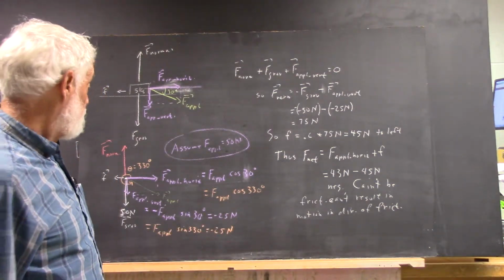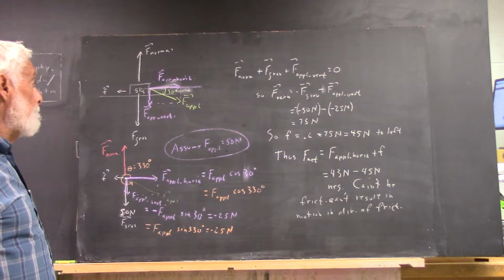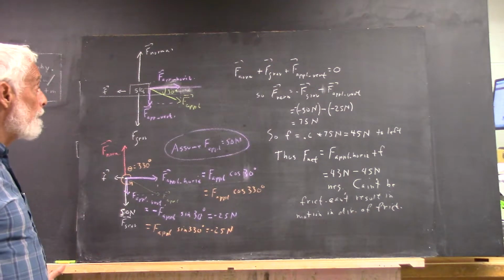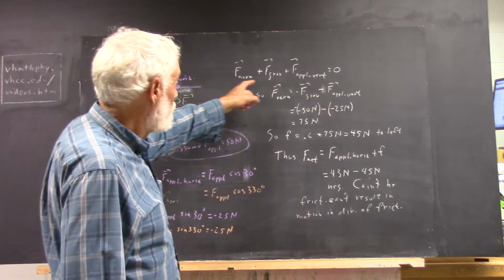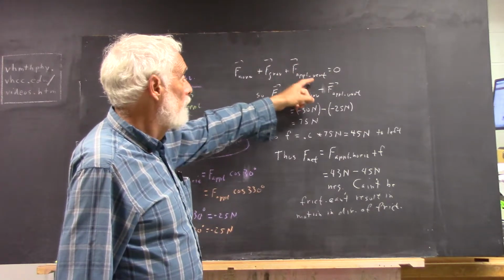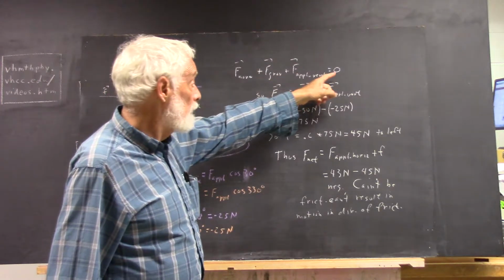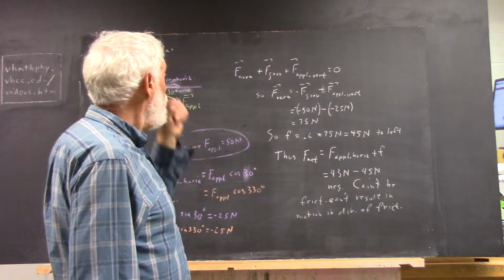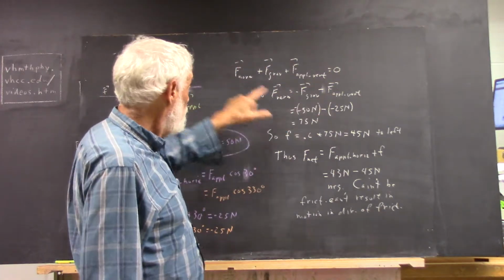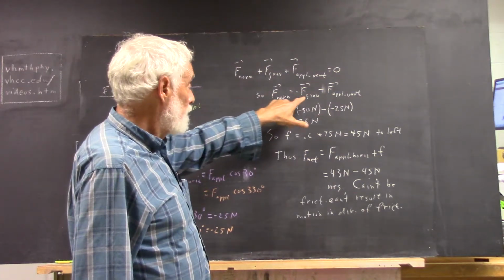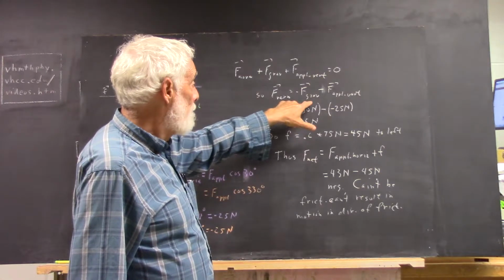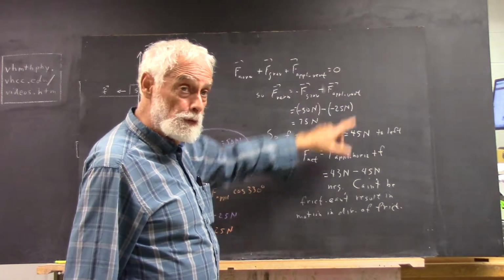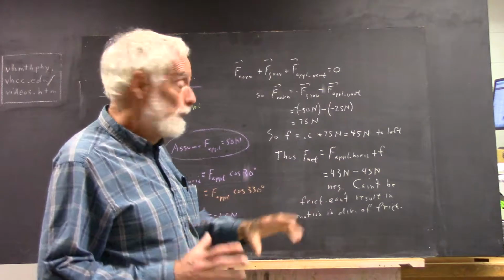Okay, now, in the vertical direction, we have our normal force, our gravitational force, and the vertical component of our applied force. That all has to add up to 0. From this, we determine that the normal force is the negative of the gravitational force minus the applied vertical force. Now we've got to think carefully about what that means.